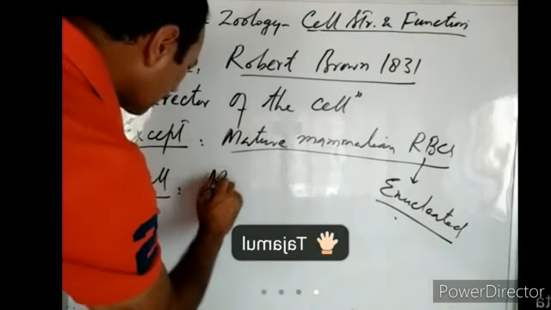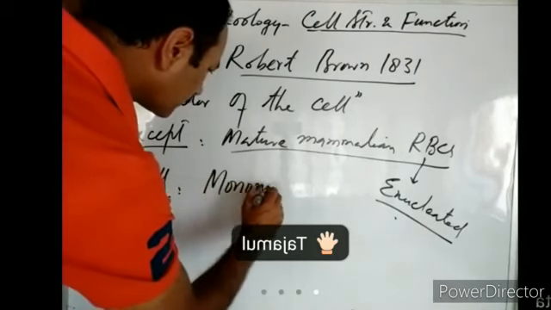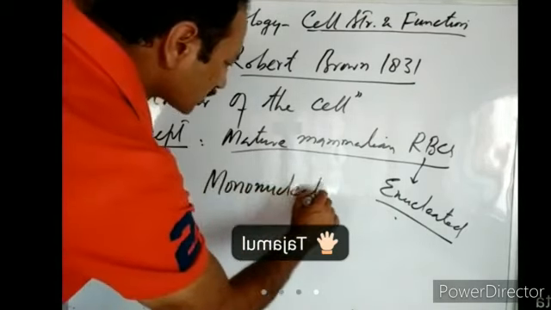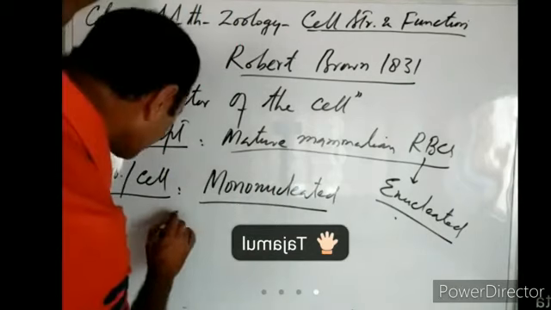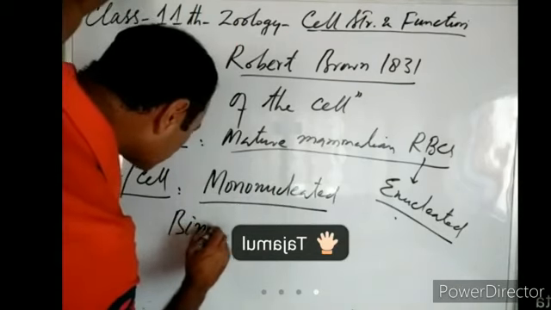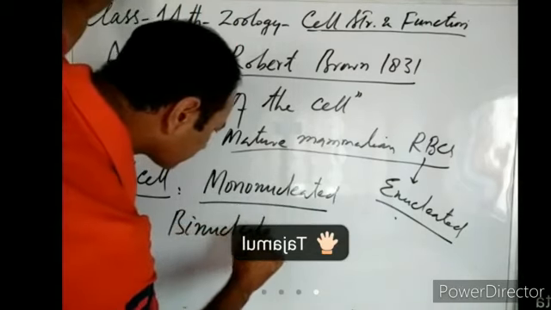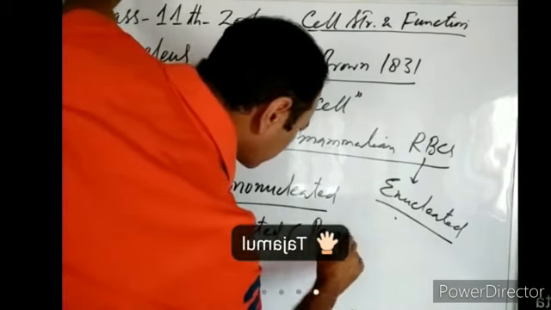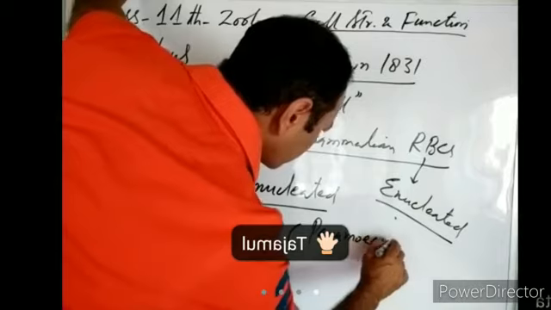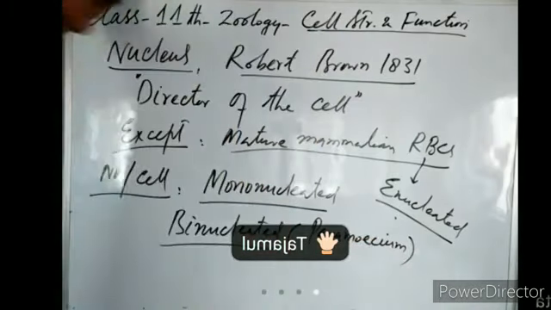Generally, cells are mononucleated. Cells have a single nucleus. But there are some cells which are binucleated, which have two nuclei. For example, paramecium. A paramecium has two nuclei.